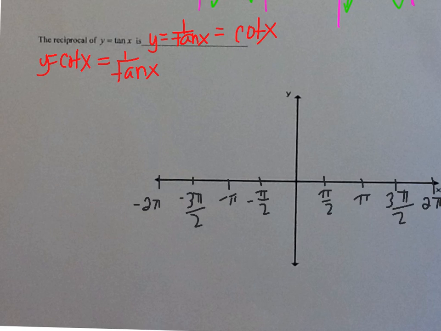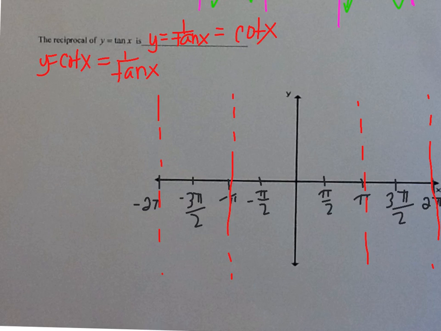Well, it's pretty close to tangent, but it's actually flipped around, okay? The asymptotes are at pi and 2 pi. So let's put that on negative pi and negative 2 pi.